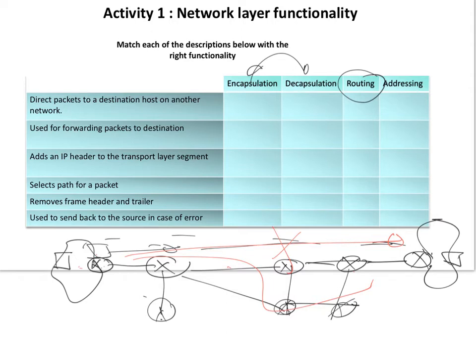However, there is one parameter in each network which might be different from one network to another, which is what we refer to as the maximum transmission unit. So sometimes, when we move from Ethernet, for example, to wireless, the maximum transmission unit for Ethernet is how much?